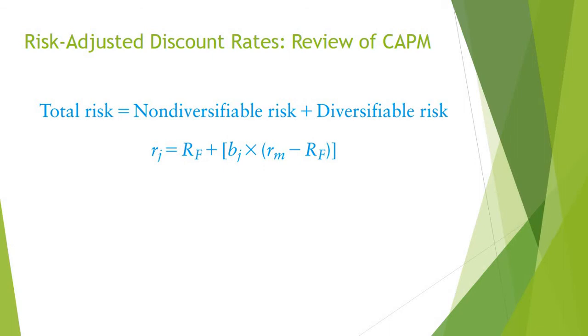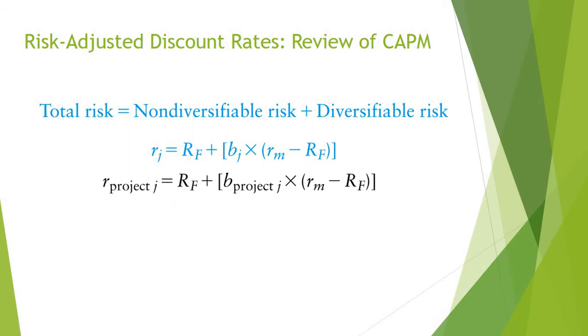So the non-diversifiable risks can be measured using the capital asset pricing model, which can also be used to find the required rate of return or risk adjusted discount rate: the risk-free rate plus beta of the project times (RM minus RF), where RM indicates the market return, and RF again indicates the risk-free rate.